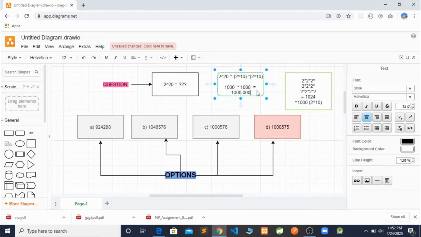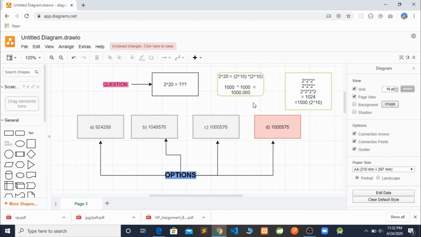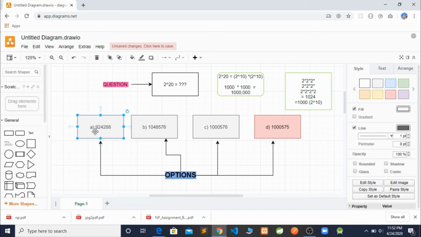Okay, so let's compare the options. Before we proceed further, if this option is already 10 lakh, then this other option says 9 lakh, which is definitely not true. So let's eliminate that as well.